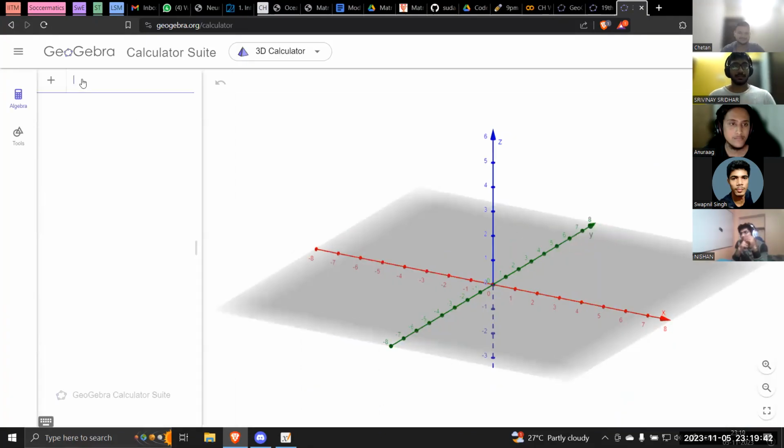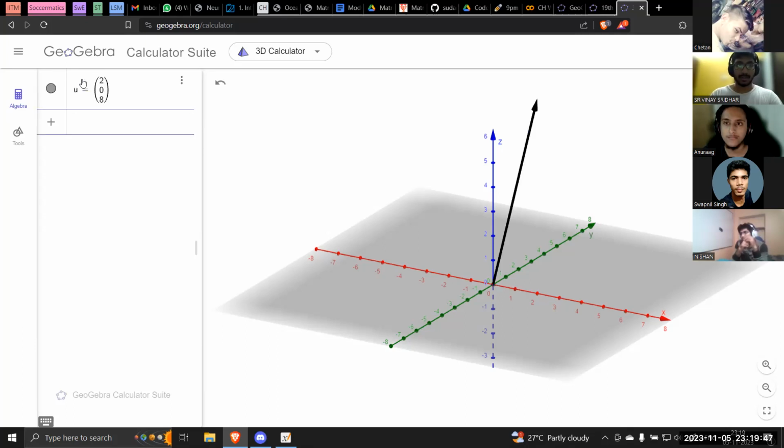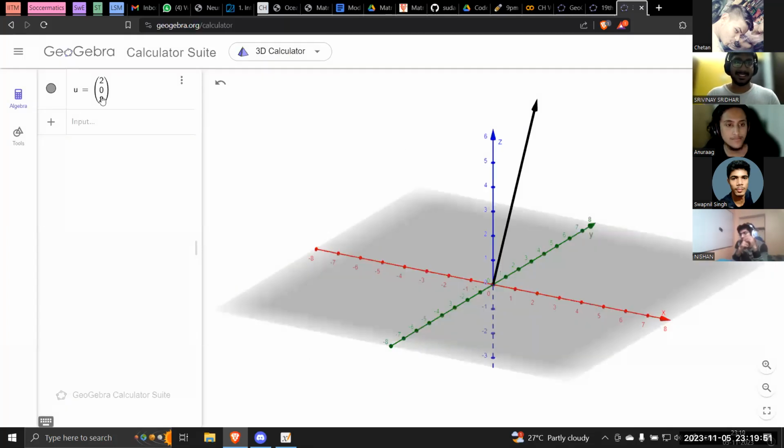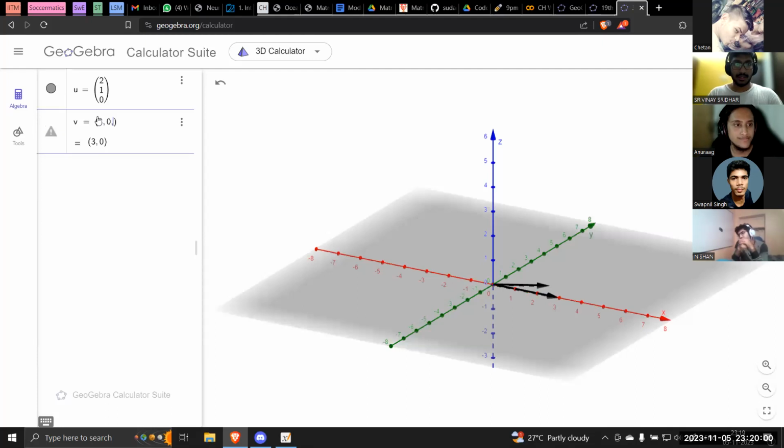So we have our first vector to be 210, sorry, my bad, u is 210, and v is equal to 308.